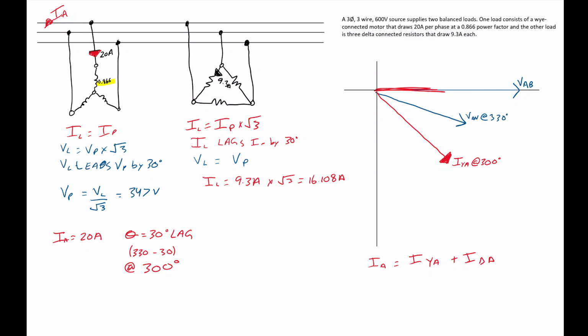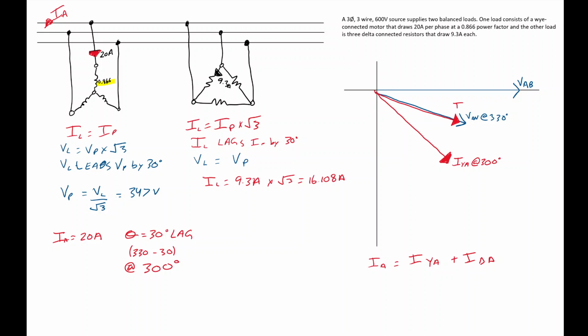Now, my 9.3 phase current would be here. It would be in phase because it's a resistor. So that would be my phase current. However, we know line current lags by 30 degrees. So if my phase current is at 0 and my line current lags by 30, that puts my line current down here at 330 degrees.